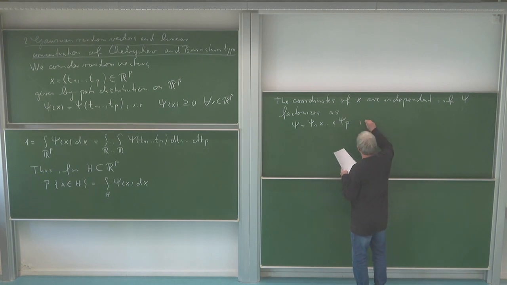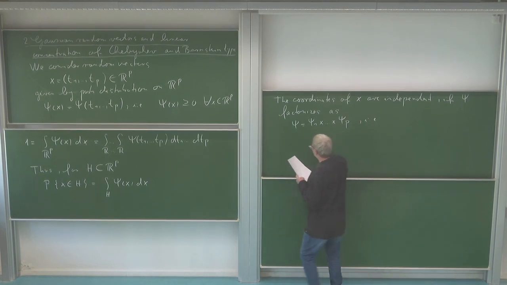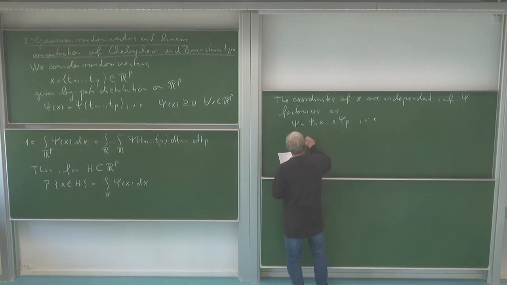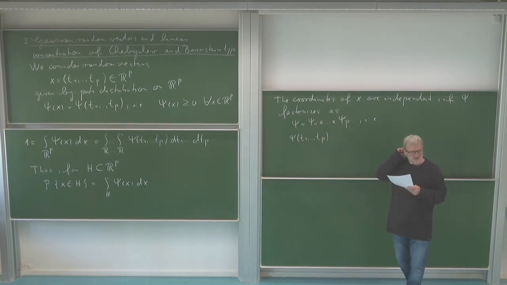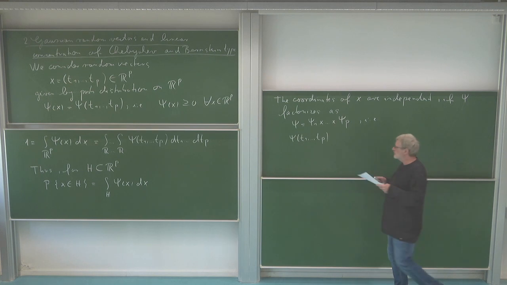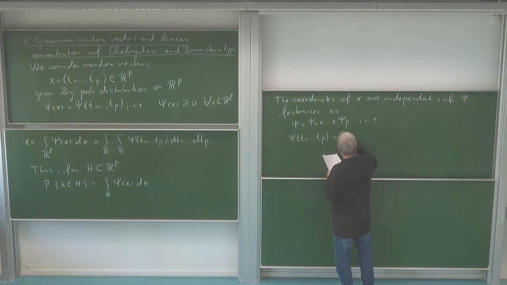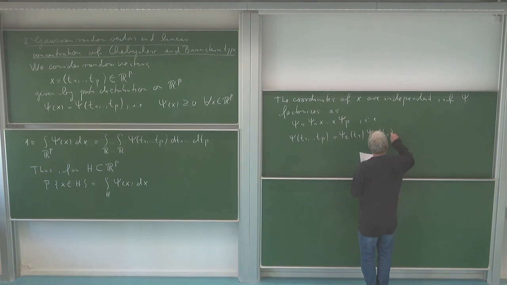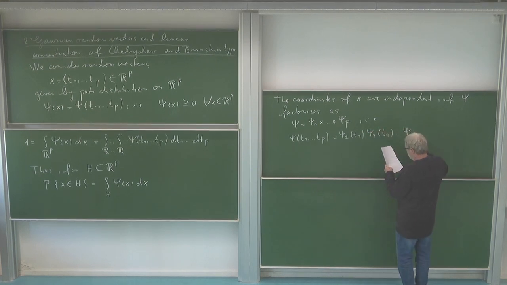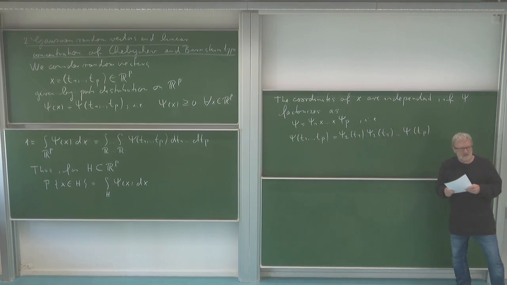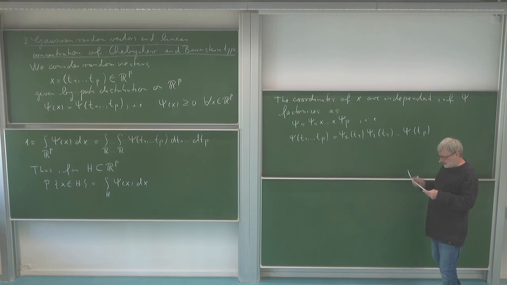This means that psi, which is a function of p arguments, is actually a product of a function for each of the arguments: psi1 of t1 times psi2 of t2 and so on, up to psip of tp. That's the usual independence, that I have the factorization of my density.